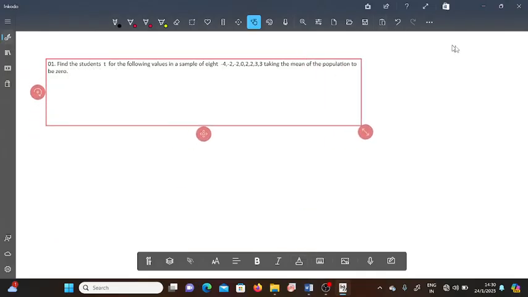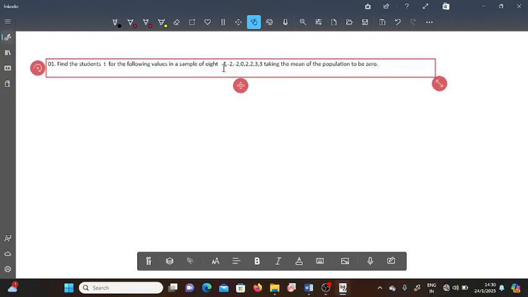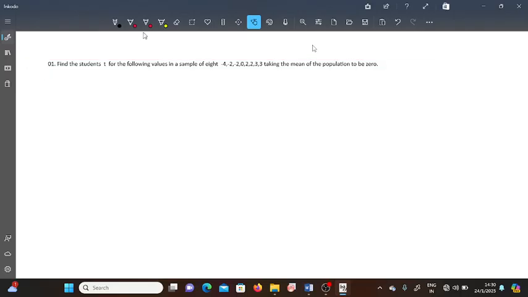The sample size given is 8 and the corresponding values are -4, -2, -2, 0, 2, 2, 3 and 3. By taking the population mean to be 0, we need to find the student's t.